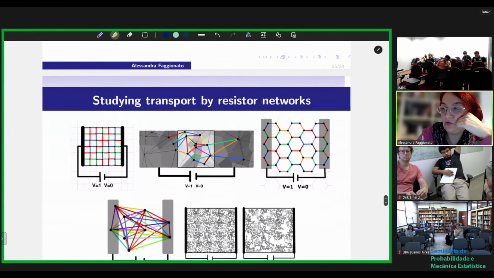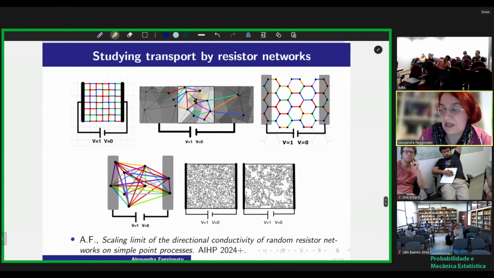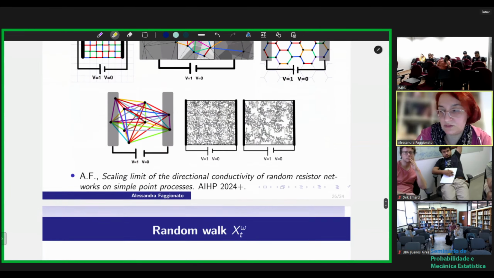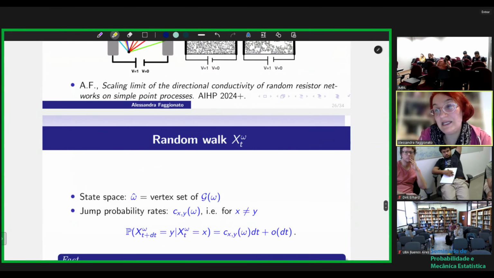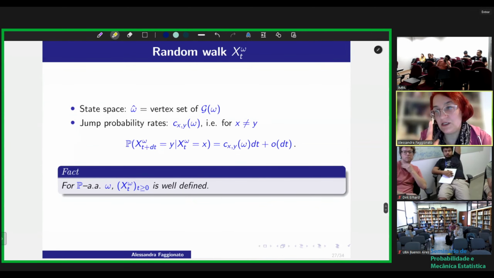Now, as I told you, there are two basic approaches in order to study transport. One is given by resistor networks, but I don't consider it, as this was treated in another talk. And the other is by random walks and interacting particle systems. So let us consider just one particle for simplicity. I consider the random walk X_t of omega. So this is a random walk on my graph.